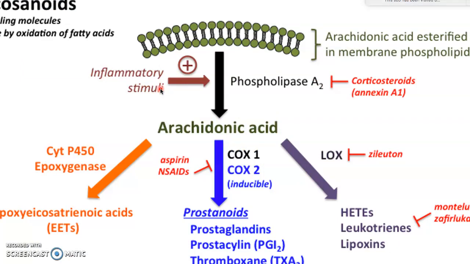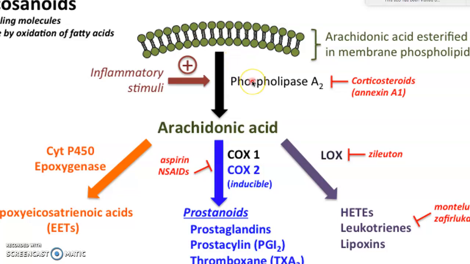All right, starting back at the top. The 20 carbon molecule called arachidonic acid is an icosanoid. These are 20 carbon molecules. And whenever there's an inflammatory stimulus, phospholipase A2 gets activated. It goes in and cleaves off that arachidonic acid from the phospholipid tails.